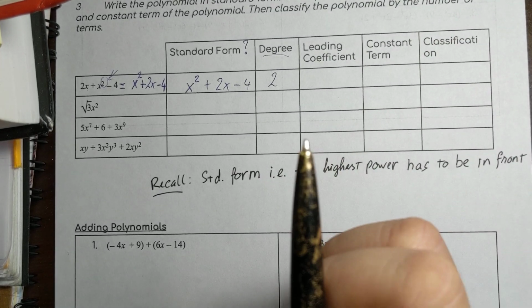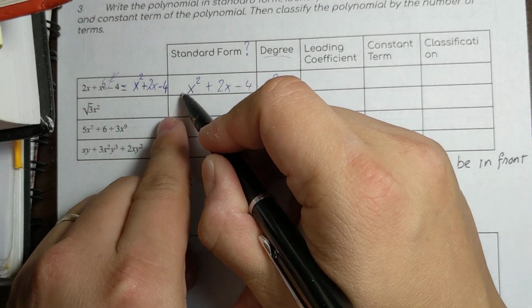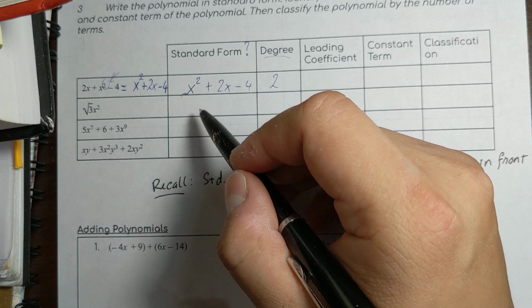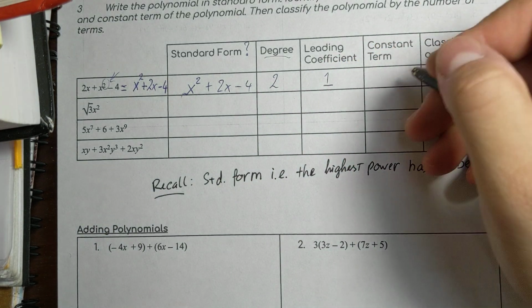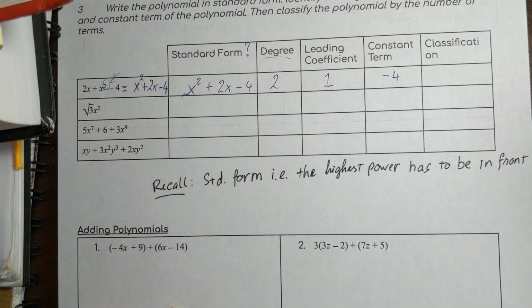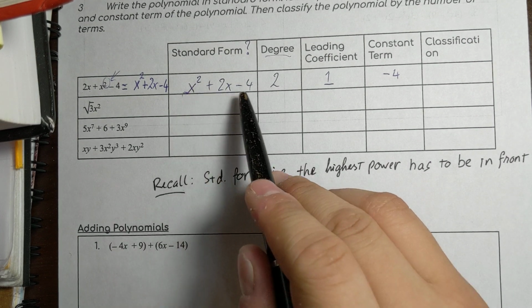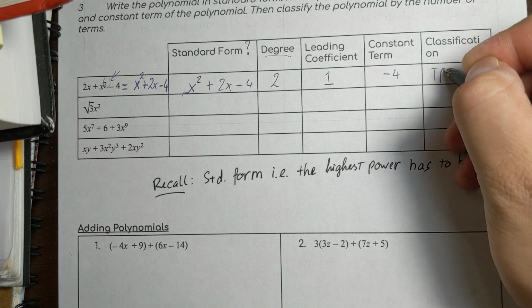The leading coefficient. Well, since we have nothing here, we have to assume that the leading coefficient is 1. Really critical part. Constant term in this case, -4. What kind of classification here? Well, since we have 3 terms, 1, 2, 3, the classification of this has to be a trinomial, a tri.